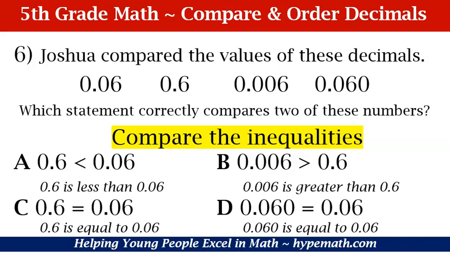Once you do that, move from left to right until you have a different number in each of the place values so that you can decide which answer is correct. Okay, we're going to take a little time. You can do it.